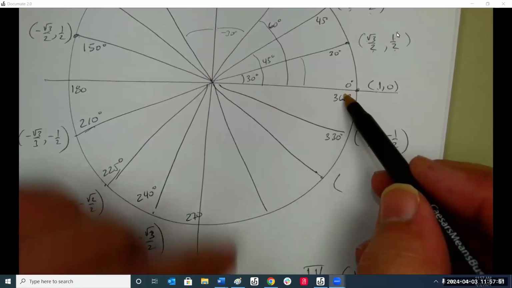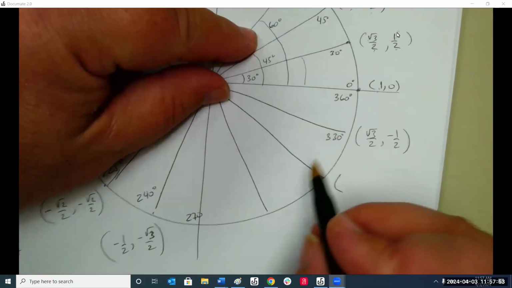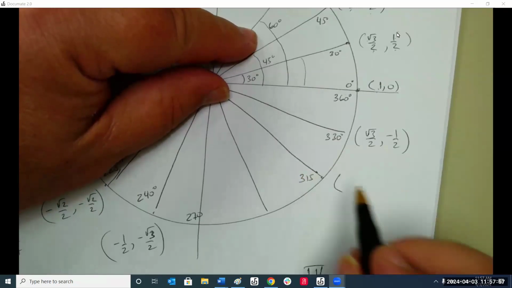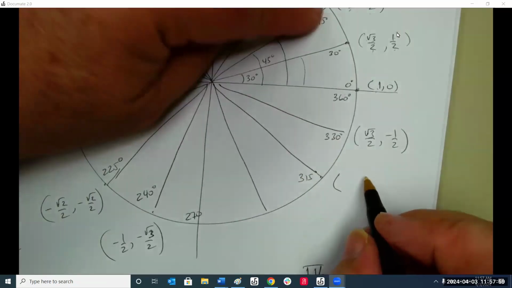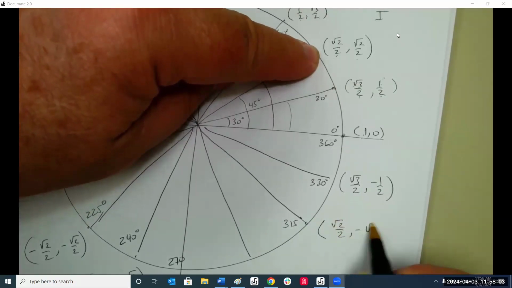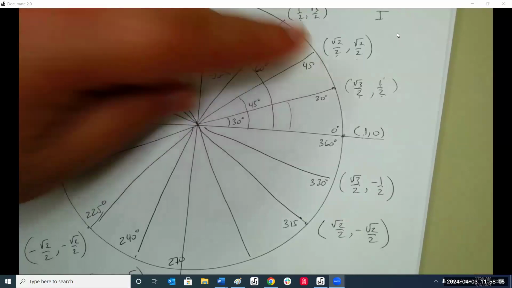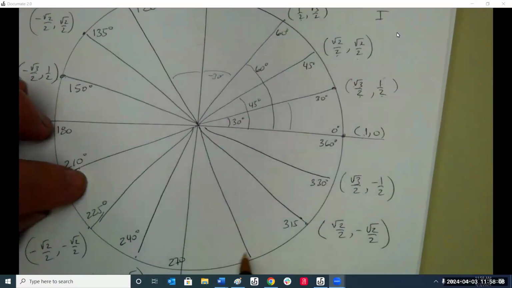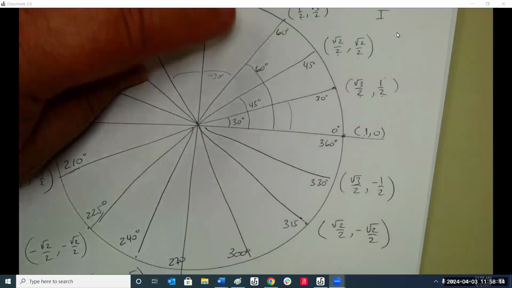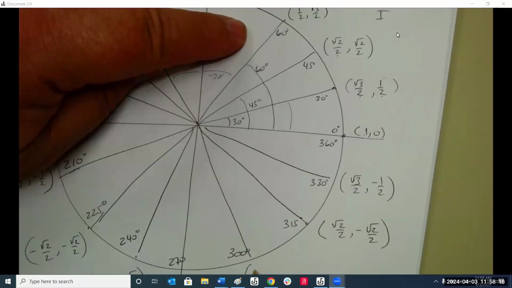So 360 minus 45 is 315. So it's the same as the 45. So it's radical 2 over 2, negative radical 2 over 2. Only thing changes the signs. 270 plus 30 is 300, which makes it 1/2, negative radical 3 over 2.